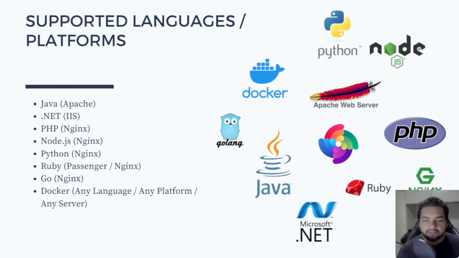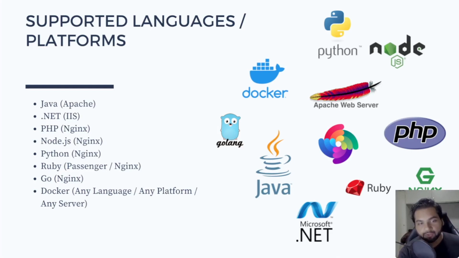If we look into the list, it's quite huge: Java, .NET, PHP, Node.js, Python, Ruby, and Go. And the most amazing thing is they are providing a dedicated Docker instance, which is quite amazing.